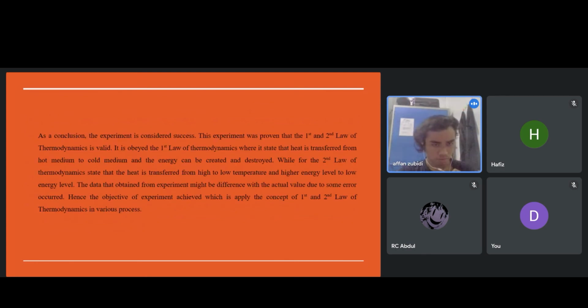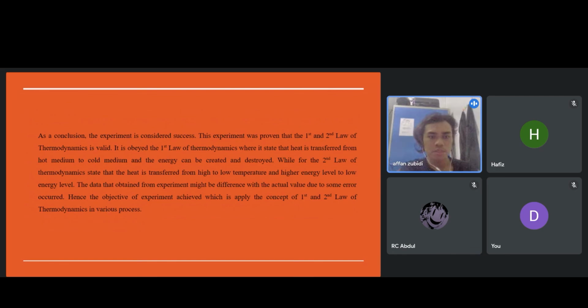As for the conclusion, from this experiment we consider it a success. This experiment proved that the first and second laws of thermodynamics are valid. It obeys the first law of thermodynamics, which states that heat is transferred from hot medium to cold medium, and that energy cannot be created or destroyed.